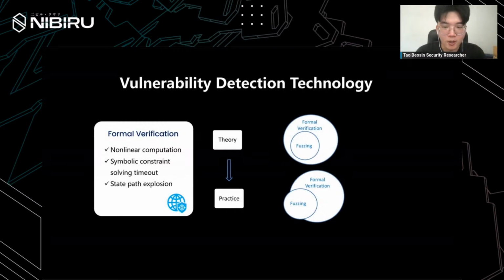So in practice, the bugs found by fuzzing and the bugs found by formal verification have an intersection, and each has its own outcomes. And that's why, when we do auditing, we always use a combination of fuzzing and formal verification.